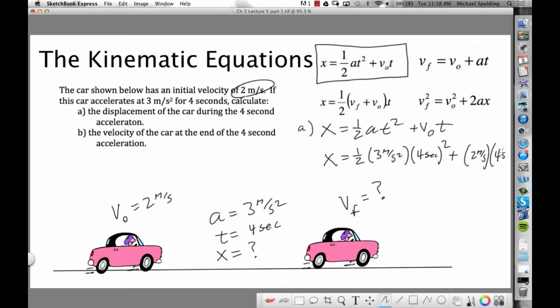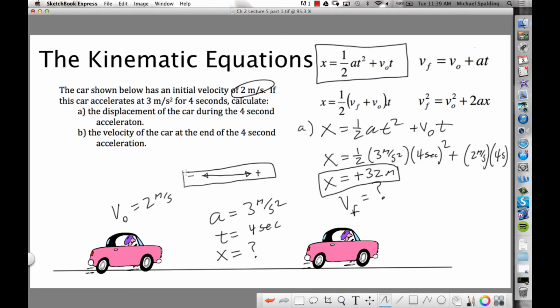Time is 4. So this gives us an answer of positive 32 meters. Positive meaning to the right. Positive to the right, negative to the left.